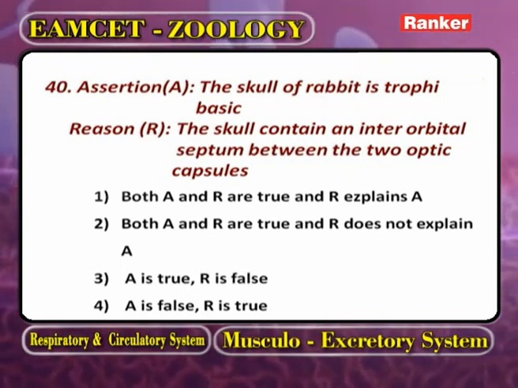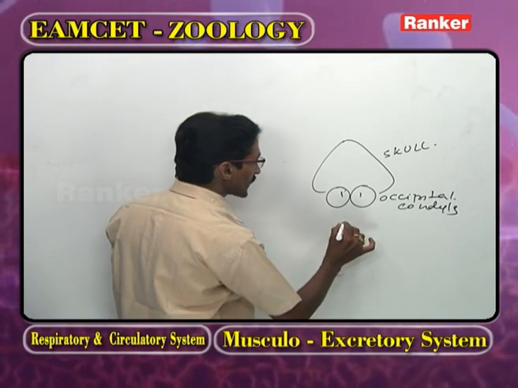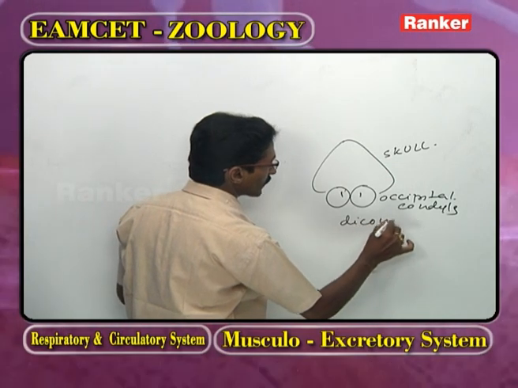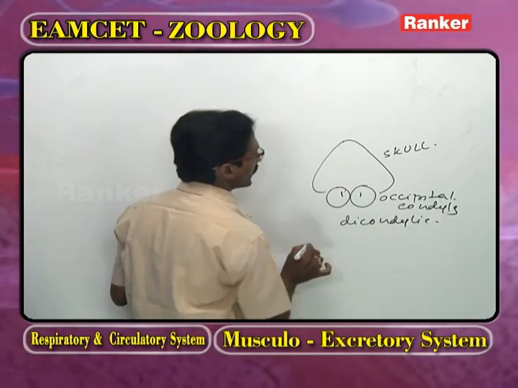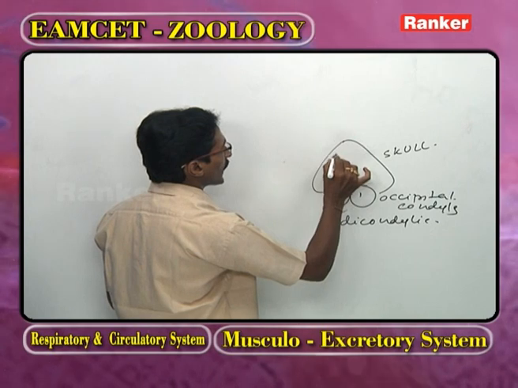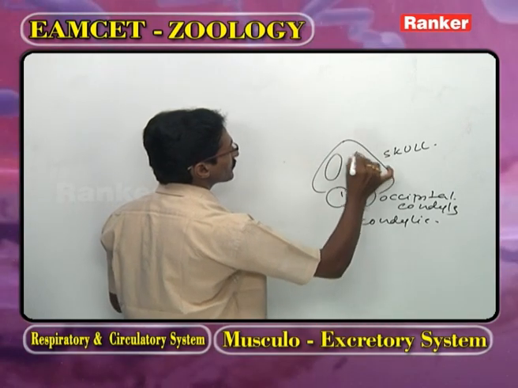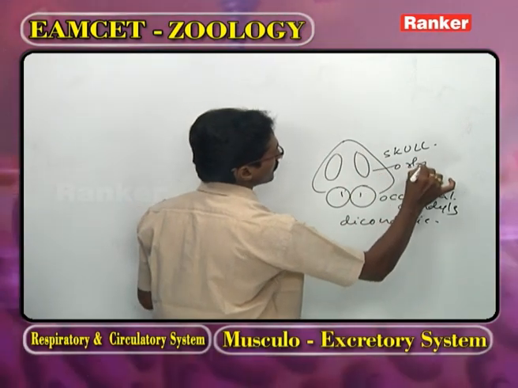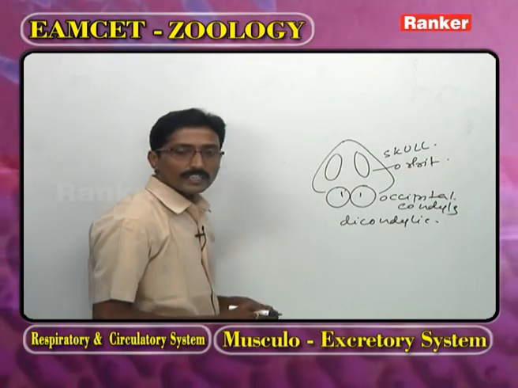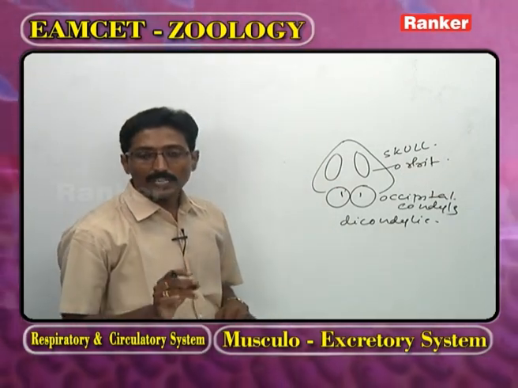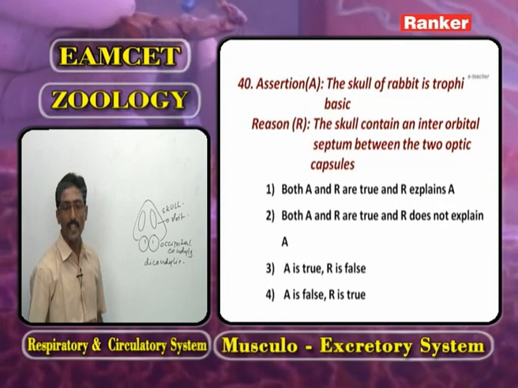How many occipital condyles? Two. So it is called dicondylic. And this we call the orbit. Here the assertion is: the skull of rabbit is tropibasic.